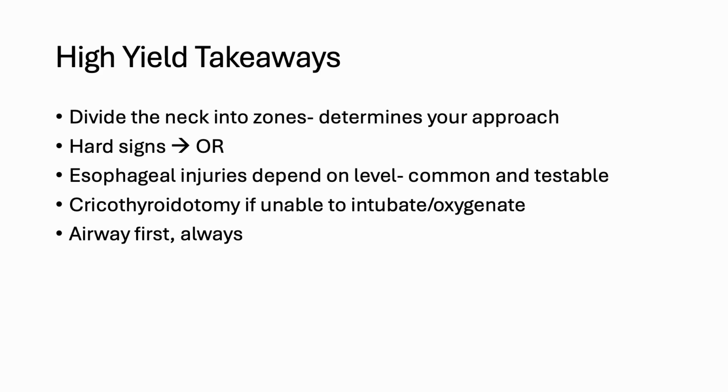Esophageal injuries depend on the level, so it's important to know where along the esophagus and what approach you would take. And then a cricothyroidotomy is a life-saving procedure that general surgeons should be able to perform for can't intubate, can't oxygenate situations. And then it's always important to remember the airway first, especially when it comes to any hemorrhage within the neck.